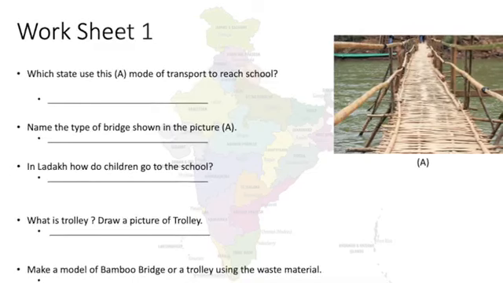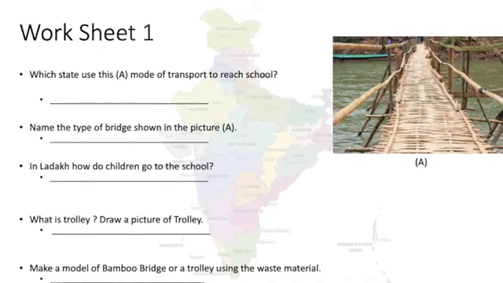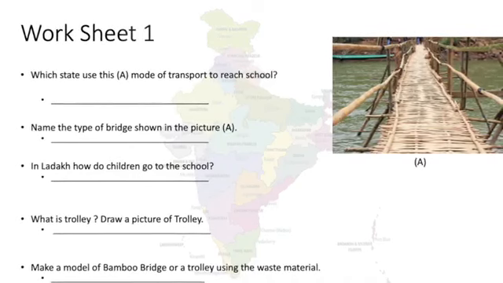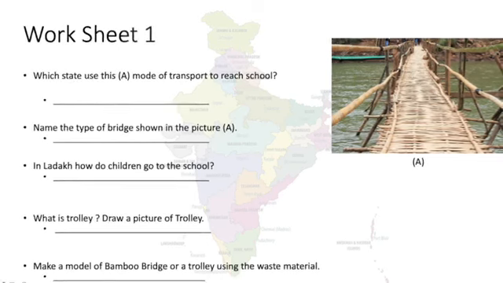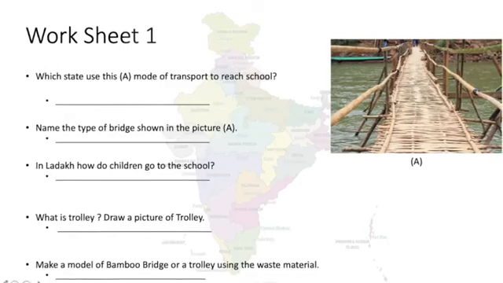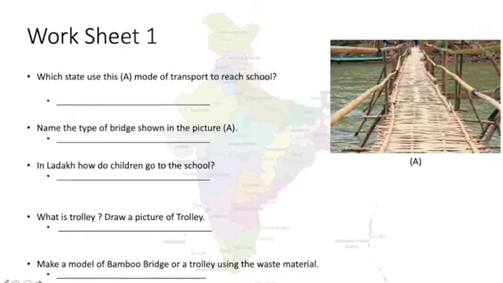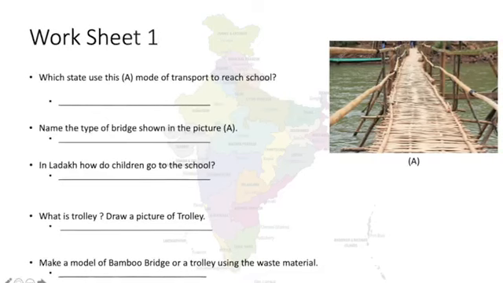Next question is, in Ladakh, how do children go to school? You have to write the mode of transport the children use. They go by walk, they use a trolley, they use a sledge, so you can write any two.